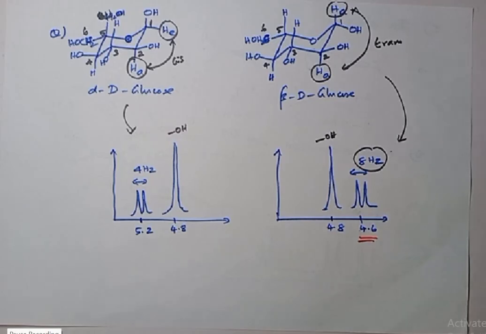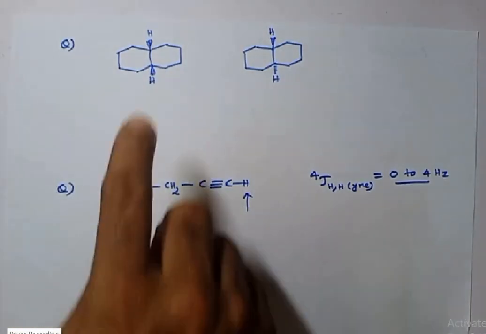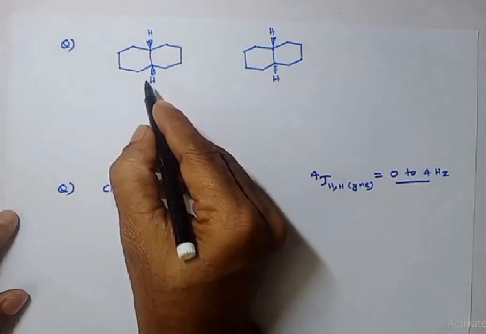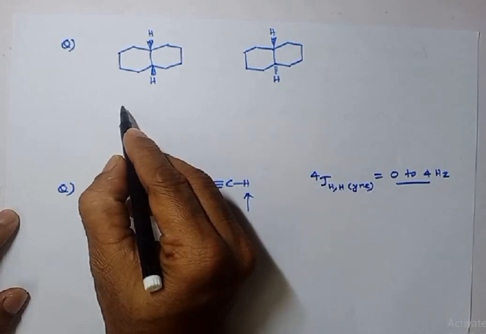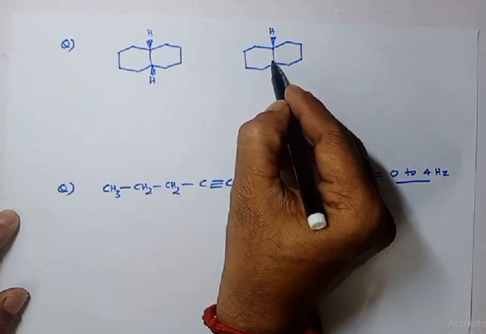Take two. Try to answer this question. Among the two, which one has the larger coupling constant? This is cis-decalin and this is trans-decalin. This is carbon number 9 and 10. Similarly, this is 9 and 10.